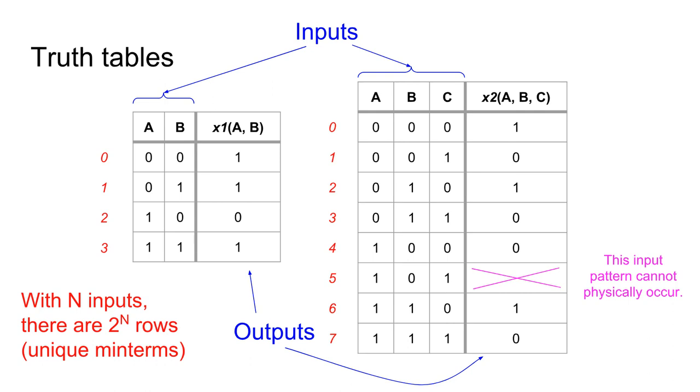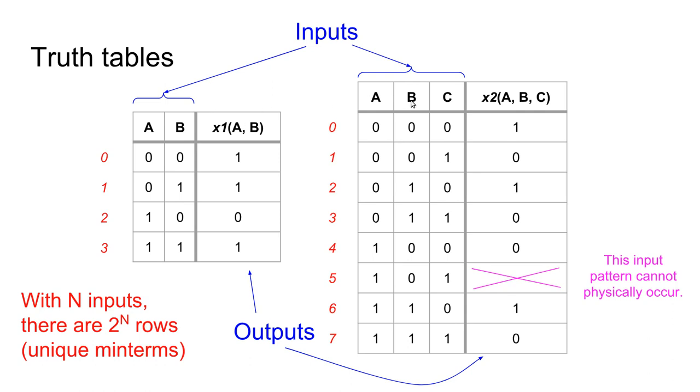So here are two example truth tables. And truth tables will always have some number of columns that represent the total number of inputs to this particular logical function. Here on the table at the left, we have a logical function called x1, and it has two inputs, a and b, each of which could be either a 0 or 1 at any given time.